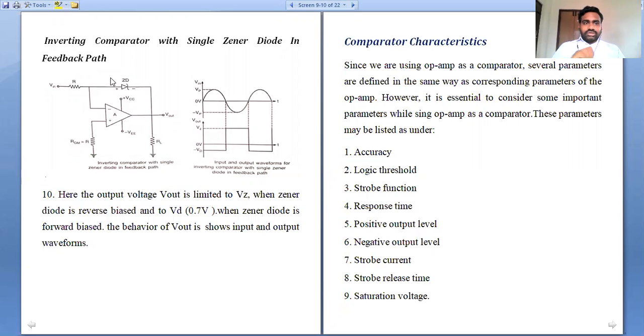In this context, at this classification, we are using a single Zener diode connected in a negative feedback path, okay. What is the purpose of connecting a single Zener diode? The maximum amount of output voltage.